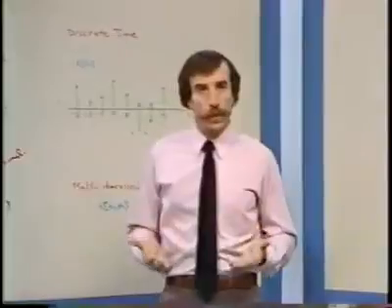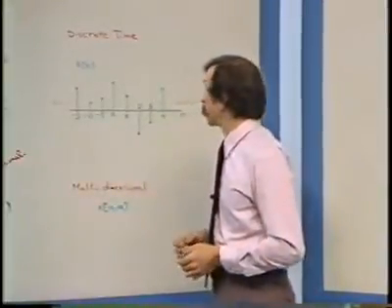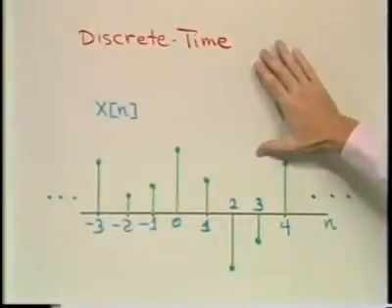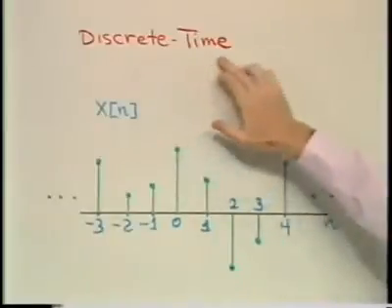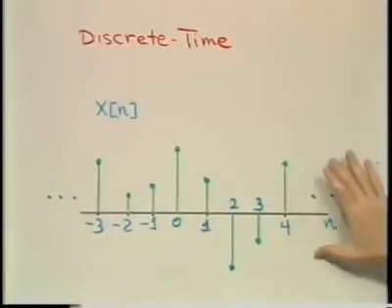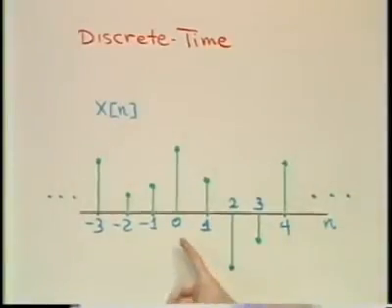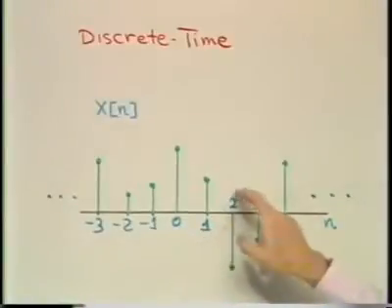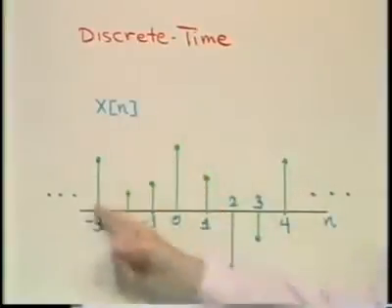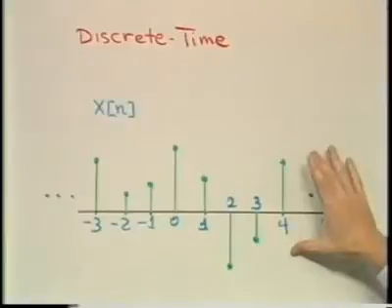An equally important class of signals that we will be concentrating on in the course are discrete time signals, where by discrete time what we mean is that the signal is a function of an integer variable, and so specifically only takes on values at integer values of the argument. So here is a graphical illustration of a discrete time signal.